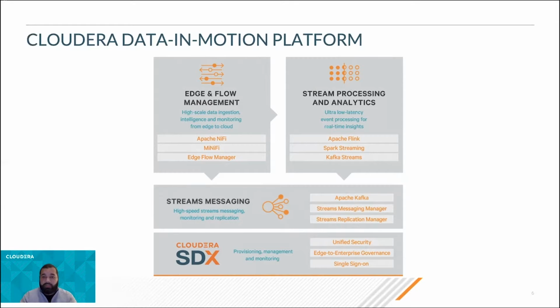And to transport the data at scale, we have Apache Kafka, that allows us to manage topics and all the different agents or applications that are consuming and producing data on those topics. Also, components related to the management of the Kafka clusters: SMM and Replication Manager allow us to do that.